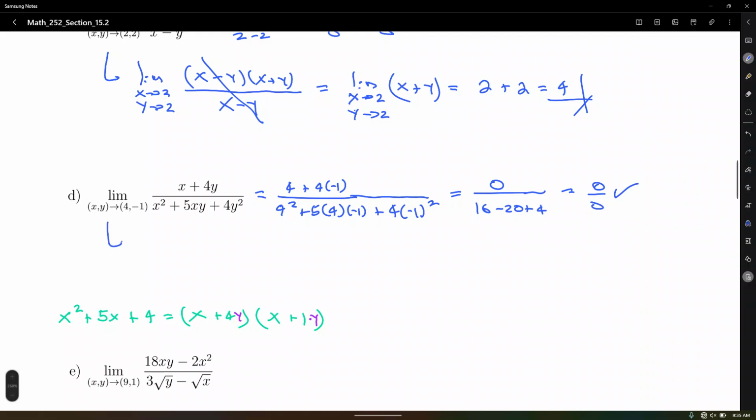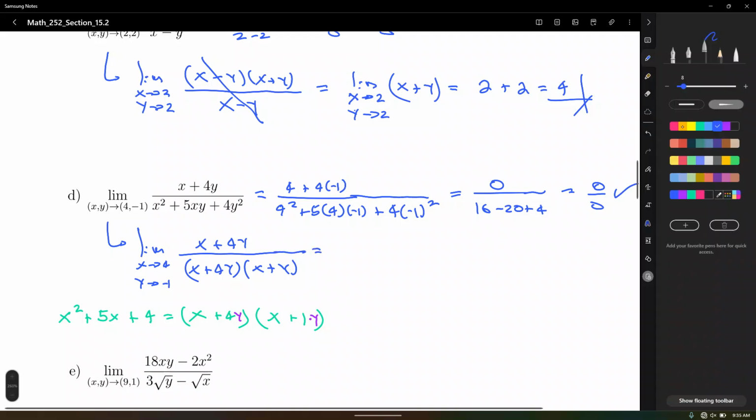So let me go back to the limit as x approaches 4, y approaches negative 1. That is x plus 4y divided by x plus 4y times x plus 1 times y. Do you see this? The x plus 4y goes away, which is what was causing the troublesome 0 over 0.